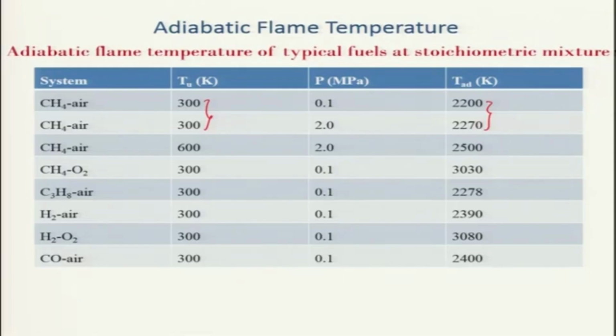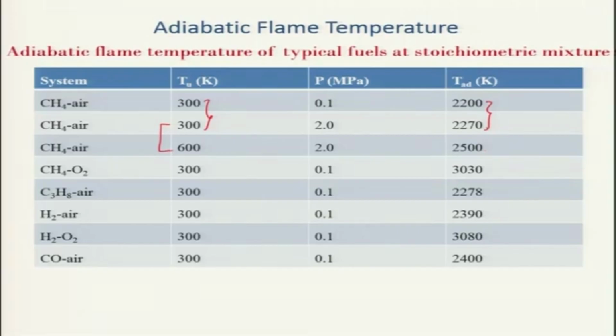Now, if you compare methane air for the same pressure, where the temperature has increased from 300 Kelvin to 600 Kelvin, and the pressure remains constant, you will find that there is an increase in temperature from 2270 at 300 Kelvin of unburnt temperature to 2500 Kelvin when it increases to 600 Kelvin.